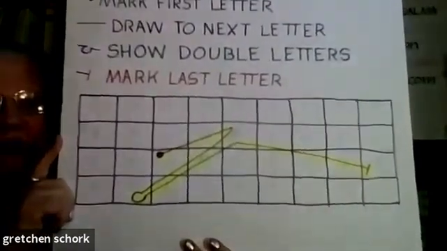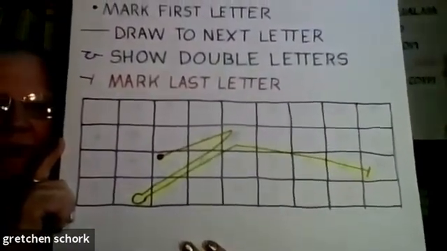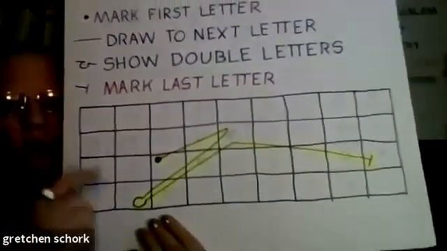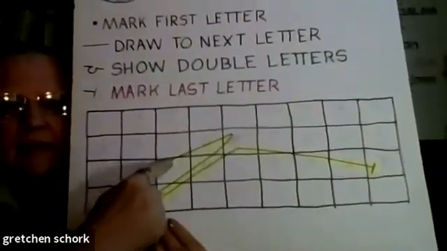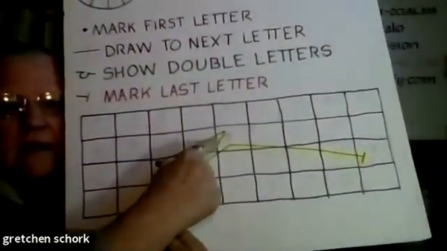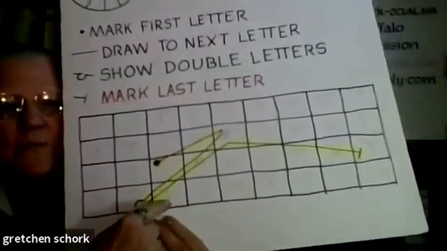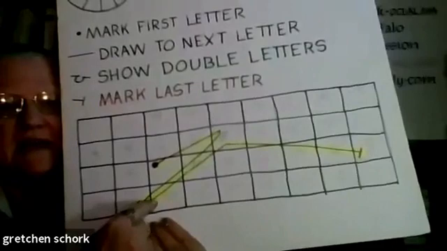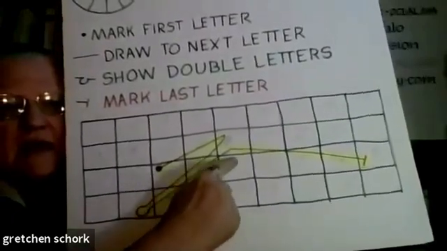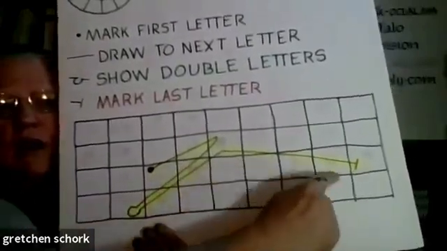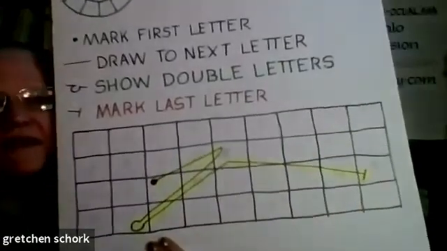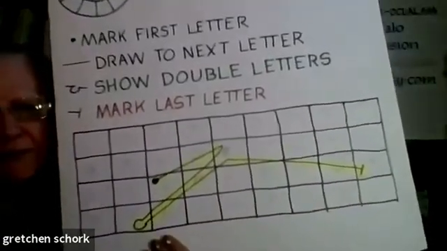So here we have a grid with 9 columns, and I have spelled out a word, L, E, T. There's a little loop because there are 2 T's, then back up to E, and then out to R, and that makes a design that spells out the word letter.